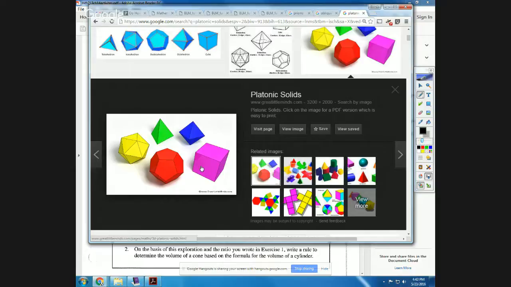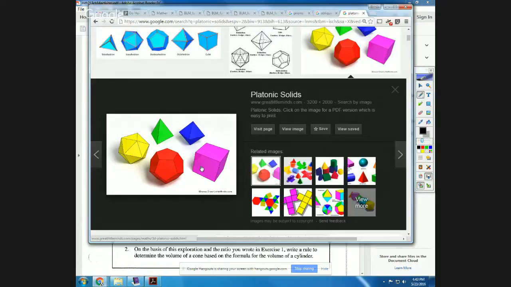In 3 dimensions, we have angles in multiple directions. We have edges and faces. So all of the edges would have to be the same length. All of the faces would have to be exactly the same shape and size. And all of the angles in between the edges have to be exactly the same everywhere. And these 5 figures are the only ones that meet those conditions.